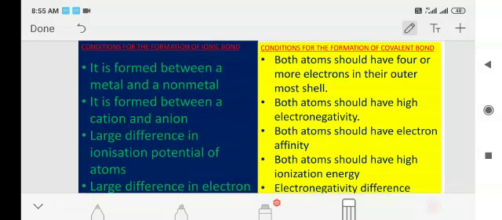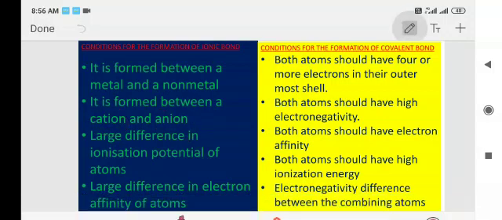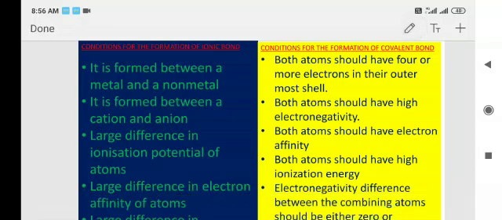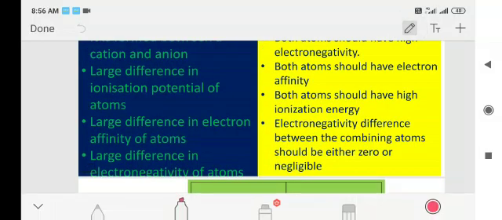Then the third point is there should be a large difference between the ionization potential of the metal and the non-metal. That's the third point. Then the fourth point is the electron affinity as well as electronegativity.